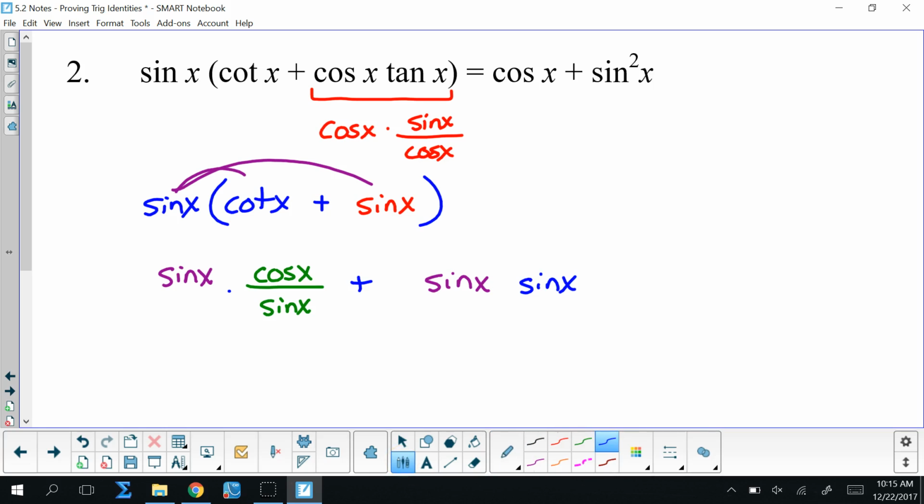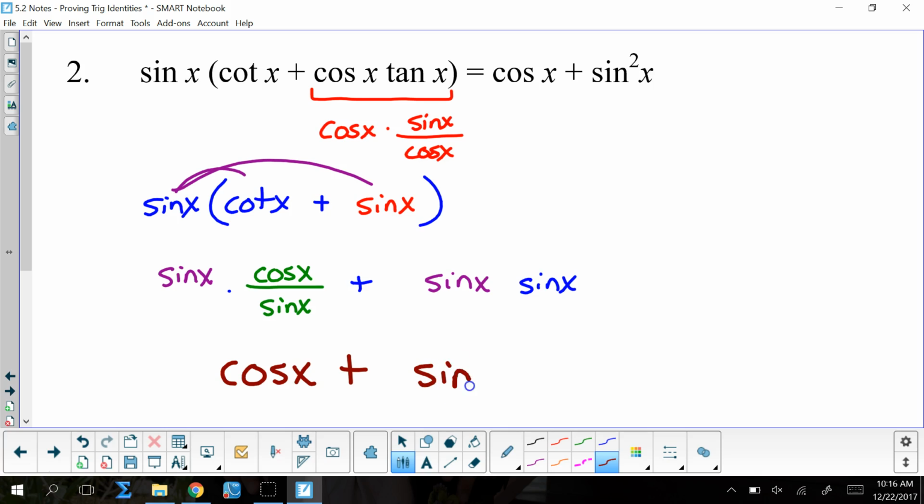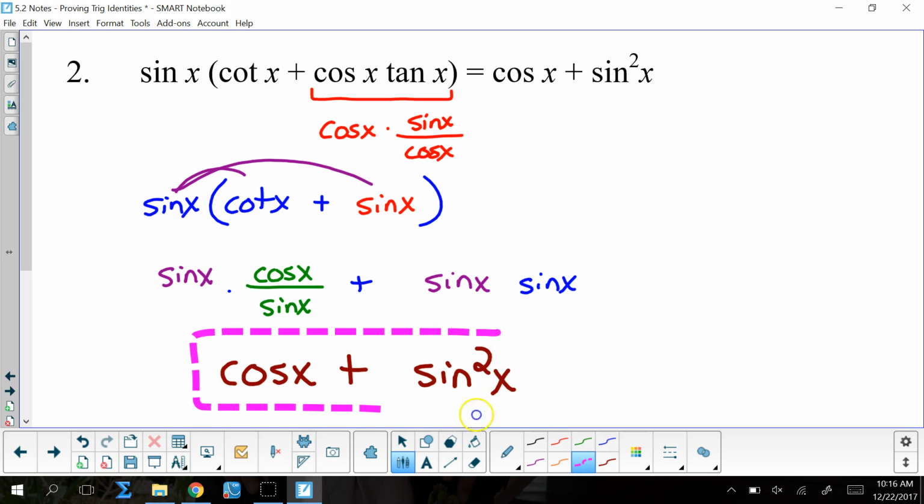Sine of x times cosine of x divided by sine of x is cosine of x. Sine of x times sine of x is sine squared of x. That's what I needed it to be.